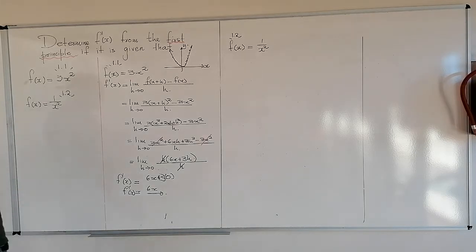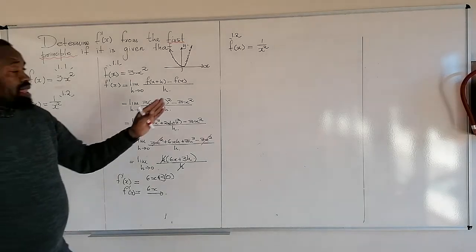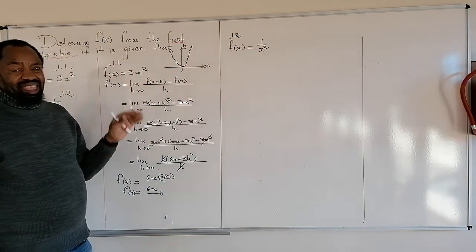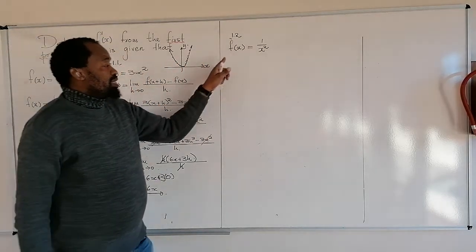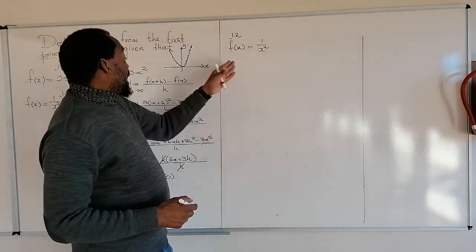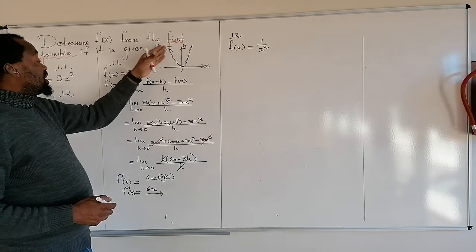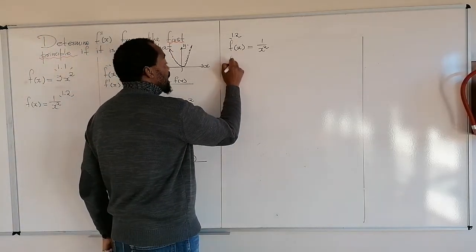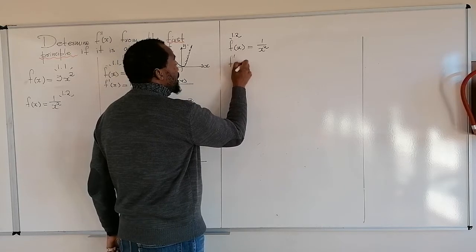Now, let's move on to the next one. The next one is a bit more complicated than the first one. The function is 1 divided by x squared, but we are still differentiating using the first principle. Let's write our first principle.